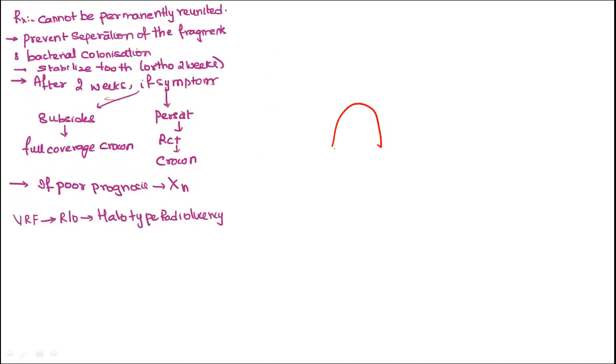So cracked tooth cannot be permanently reunited. So what we can do is, basically here there is a high chance of bacterial accumulation. We can prevent that. How do we prevent this? By stabilizing teeth. That is, you give orthobands. After 2 weeks, you notice that if symptoms go down, you just give full coverage crown.